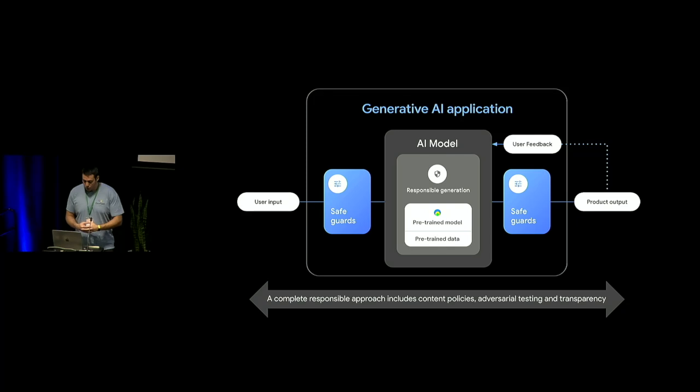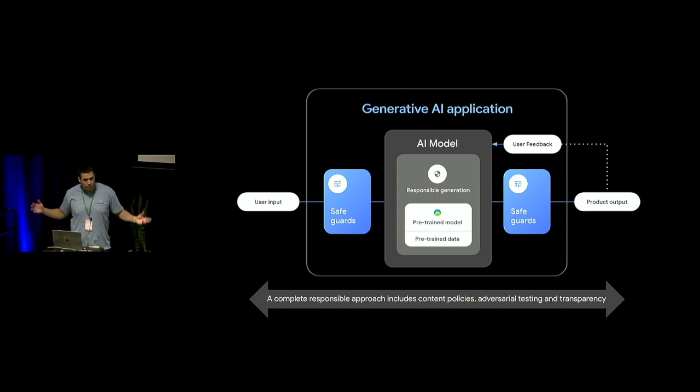And at the end of this whole process, once you have the output, you should always strive to provide the user some mechanism, some affordance, to be able to provide feedback back into your application. If you are in the model development business, then you can use that to later retrain your model. Otherwise, you can at the very least look at some failure modes and potentially improve some of your safeguards or some of that responsible generation.